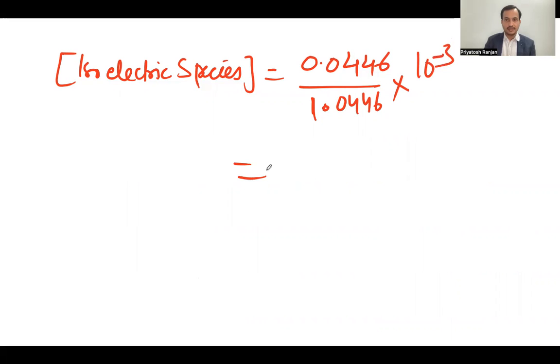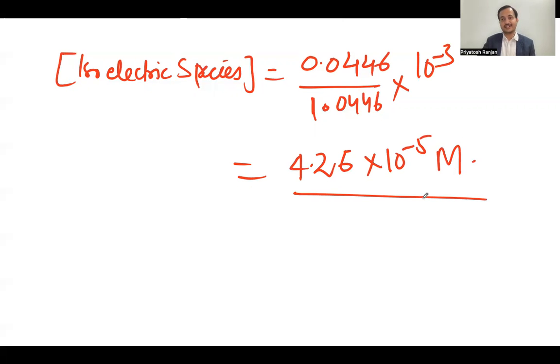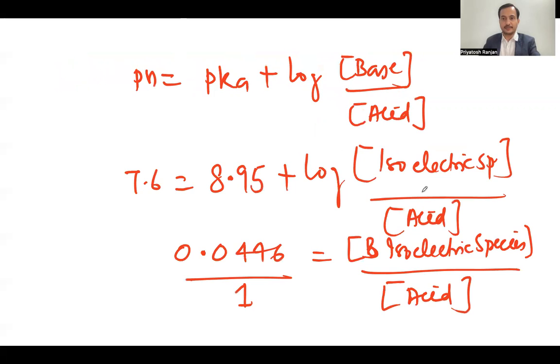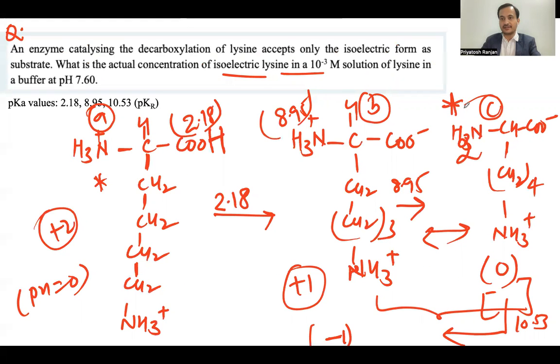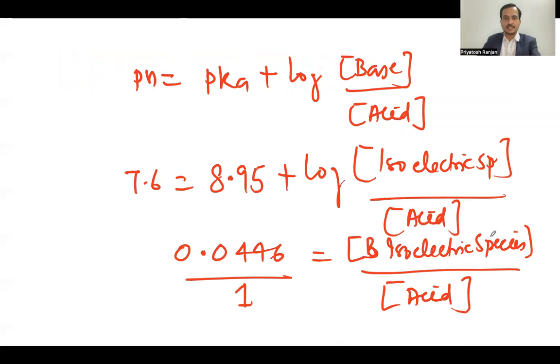It's 0.0446 divided by 1.0446, times 10 to the minus 3. You can use a calculator to solve it, and you will get 4.26 into 10 raised to the minus 5 molar. So this is going to be the final answer. I'm talking about the concentration of this isoelectric species, which is carrying an overall 0 charge.